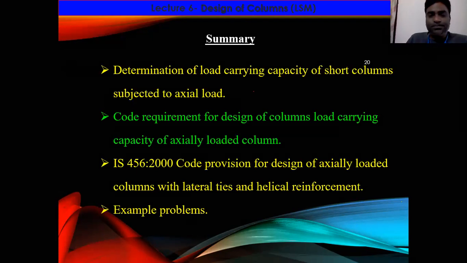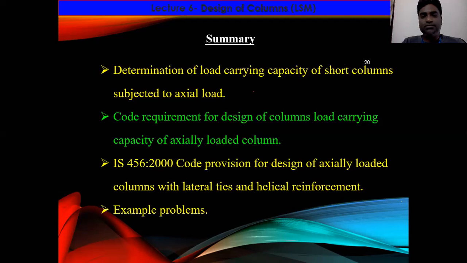Right. So let us quickly summarize what we discussed in today's class. Today we have discussed how to determine the load carrying capacity of a short axially loaded column, for columns with lateral ties, and for columns with helical reinforcement also.